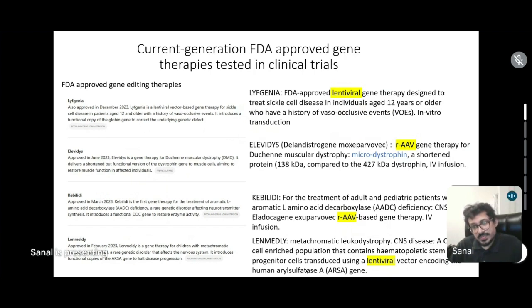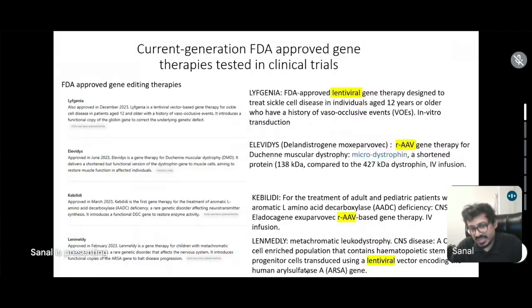So here, brain is not targeted, but instead bone marrow was targeted, because even if you target bone marrow, bone marrow derived blood cells secrete aryl sulfatase, and at least that will be sufficient to some extent to ameliorate the intensity of metachromatic leukodystrophy.